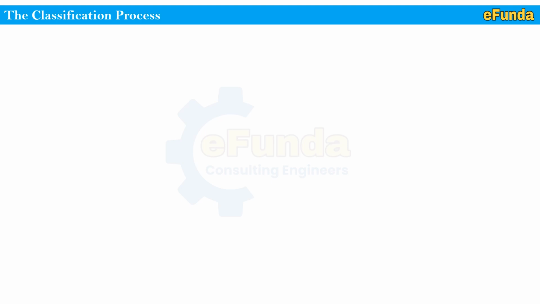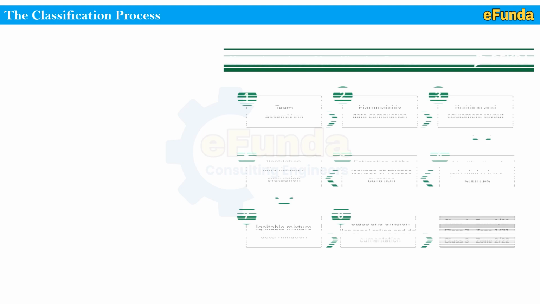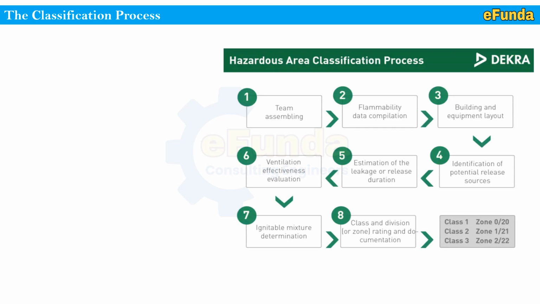For better understanding of the classification process, one can refer to the table, courtesy of DECRA, for the hazardous area classification process, starting with team assembling. Second, flammability data compilation. Third, building and equipment layout. Fourth, identification of potential release sources.